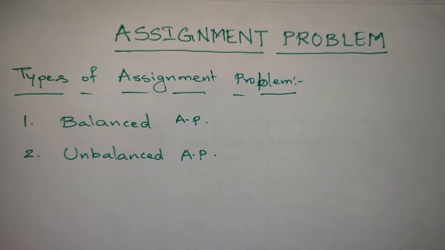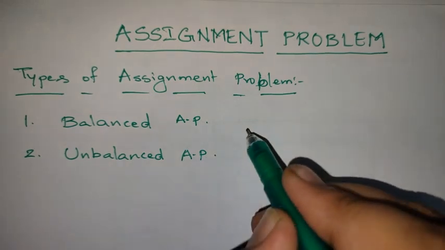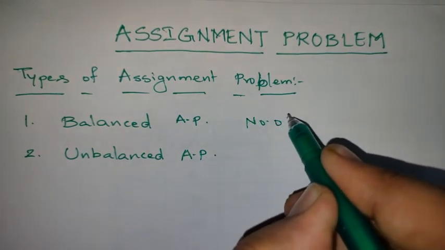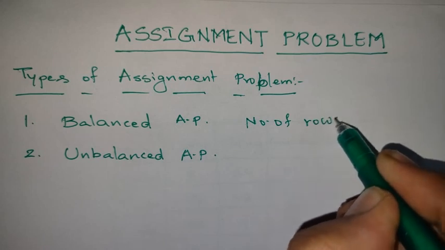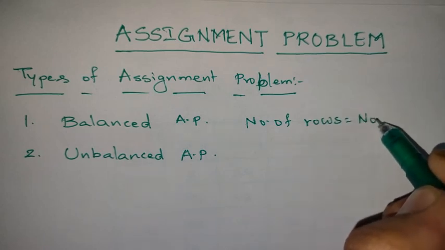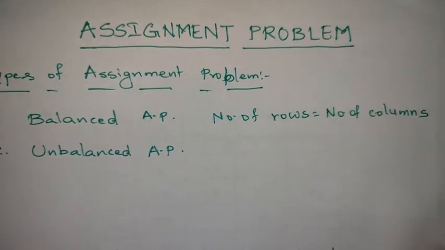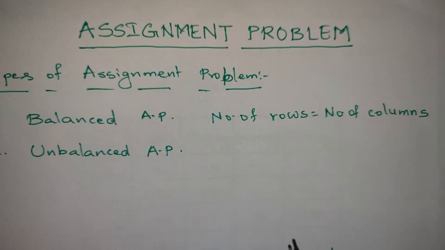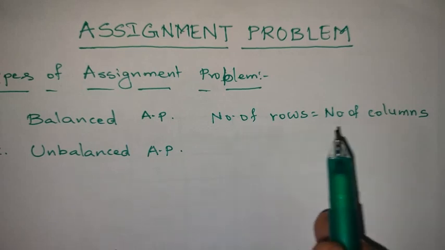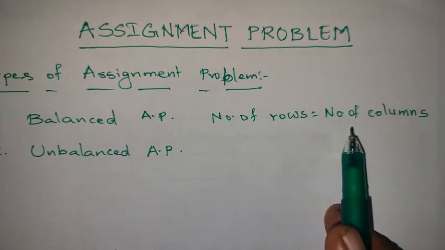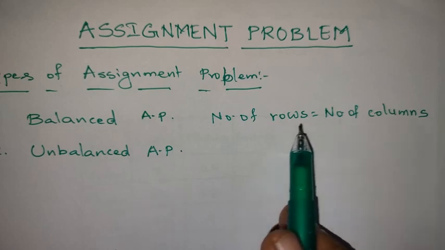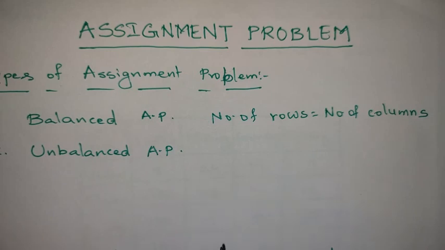If the number of rows is equal to the number of columns, then we say it is a balanced assignment problem. That means if there are 4 rows, there should be 4 columns. So like that, rows should be equal to columns.